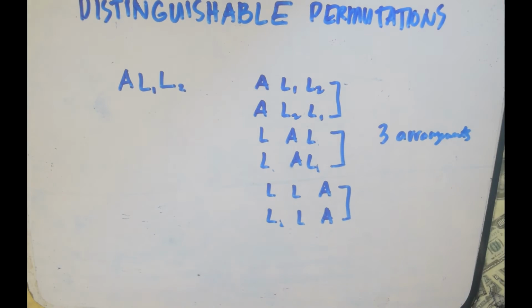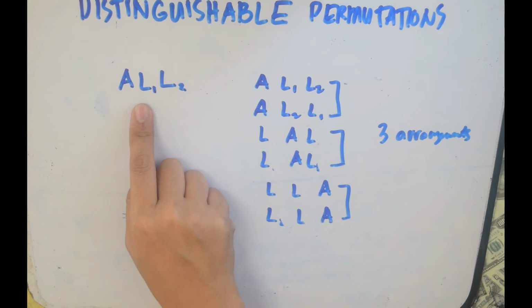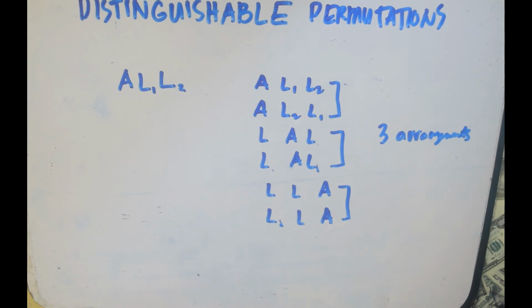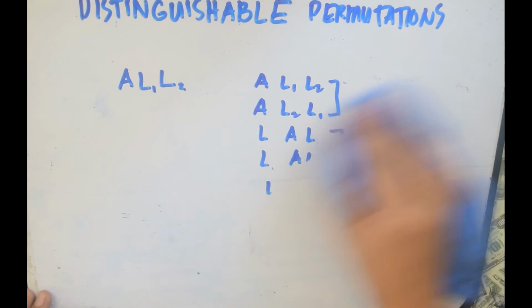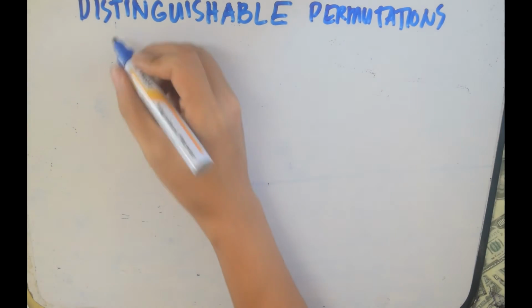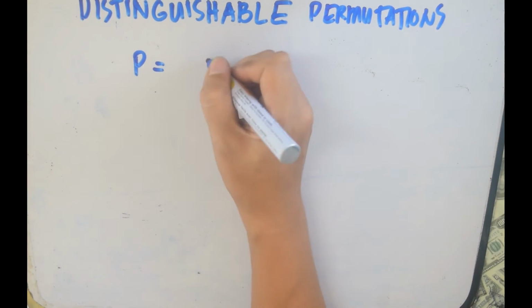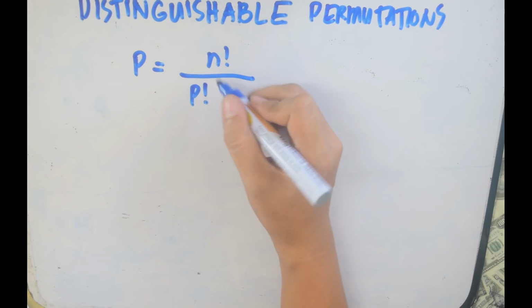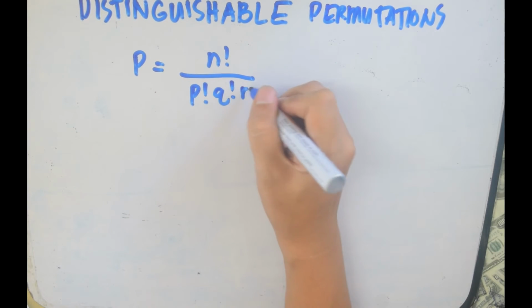Okay. So what is a distinguishable permutation? When you look at this one, there are elements that are repeated, L and L. So when the elements are repeated, what would be our formula? Our formula for permutation is equal to n factorial over p factorial, q factorial, r factorial.